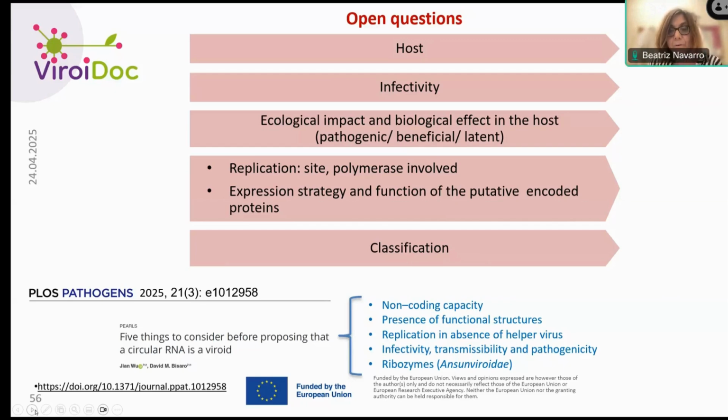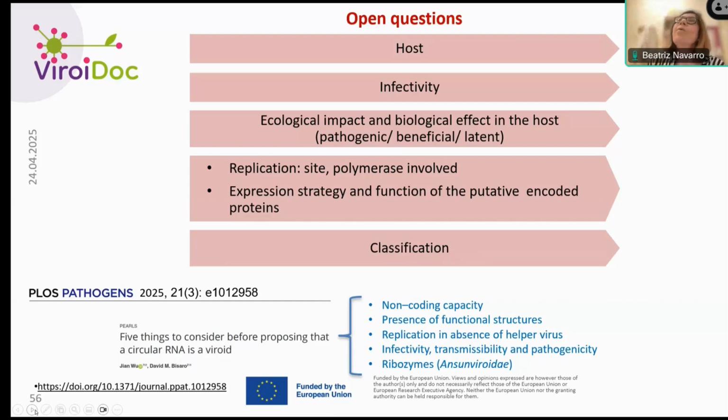And there are also other basic questions about their replication. Which polymerase is involved in the replication? Is it RNA polymerase II, as in the viroids? What is the site of replication, and is the mechanism rolling circle?